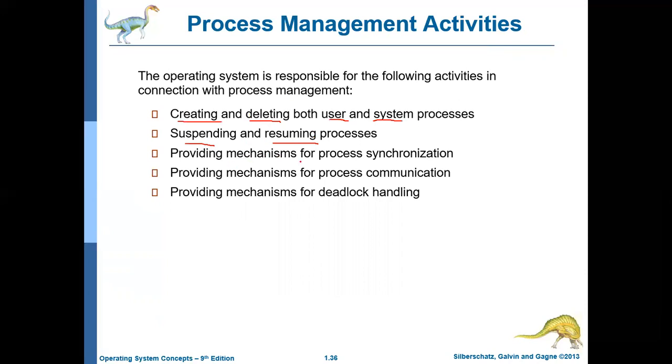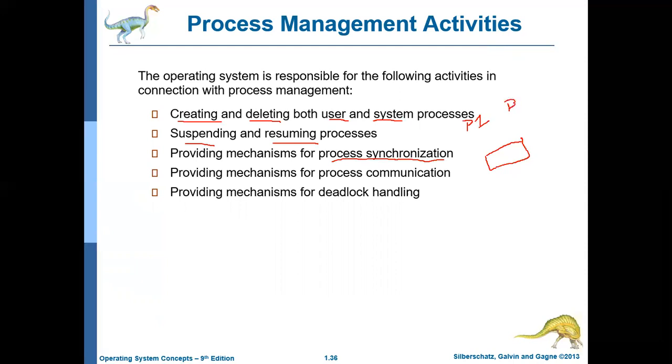The operating system also performs something called process synchronization. What is process synchronization? Say, for example, two processes, process 1 and process 2, want to access a shared piece of memory. Both of them say that they want to access this particular memory.